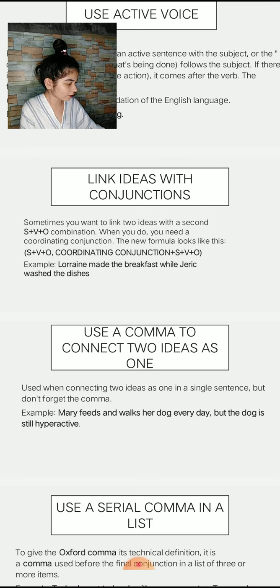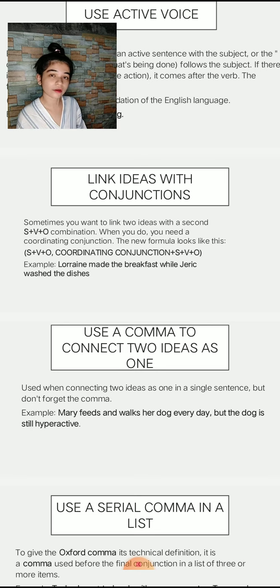In this rule, sometimes you want to link two ideas, each with its own subject plus verb plus object combination. The formula looks like this: subject plus verb plus object, then a coordinating conjunction plus another subject, verb, and object. For example, Lorraine made the breakfast while Jerick washed the dishes.